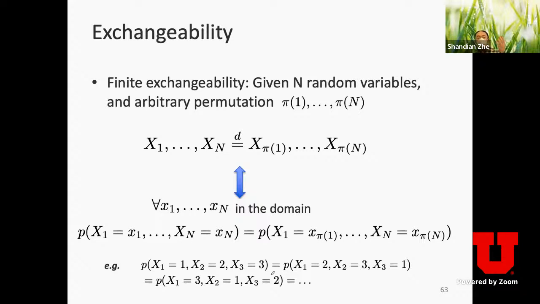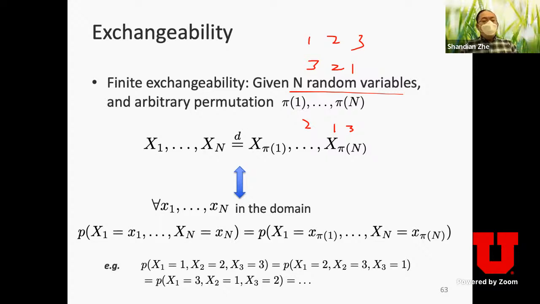We first talk about finite exchangeability. Suppose we have n random variables and an arbitrary permutation, pi 1 to pi n. Suppose the original order is 1, 2, 3. One permutation could be 3, 1, 2, another permutation could be 2, 1, 3, whatever. This pi just maps the index after the permutation.